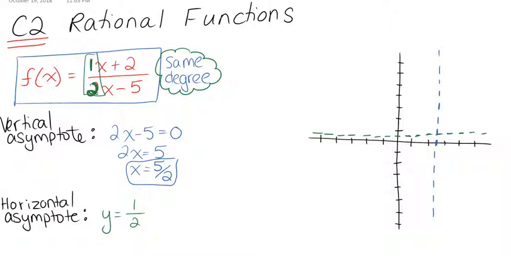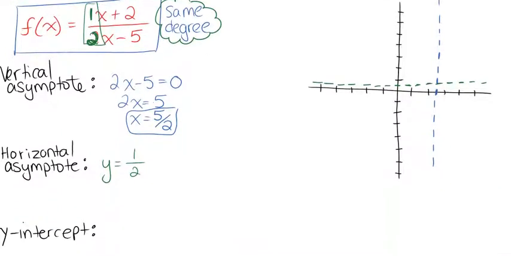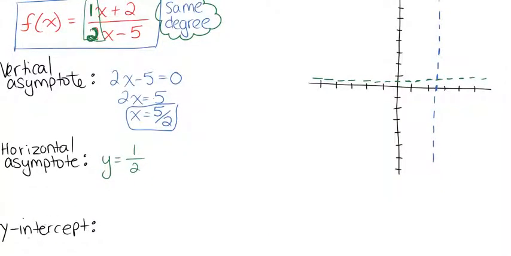Okay, so we've got our asymptotes on there. Now let's try to figure out our y-intercept. We know our y-intercept occurs when x is equal to 0. So let's plug 0 in for x. 0 plus 2 over 2 times 0 minus 5.